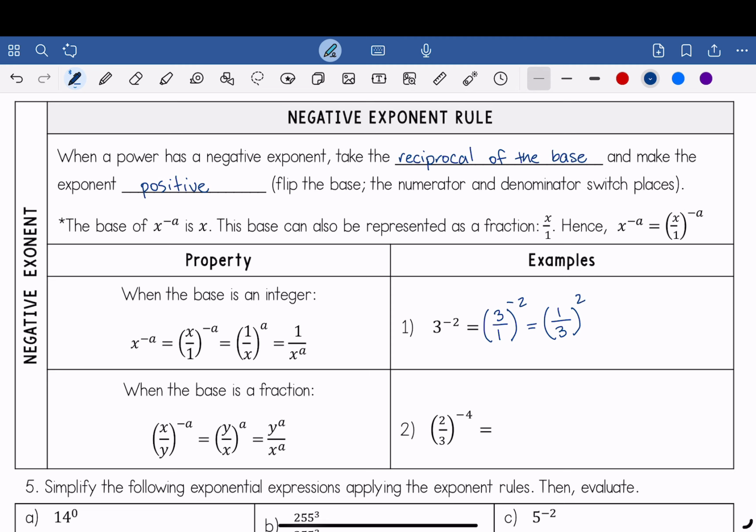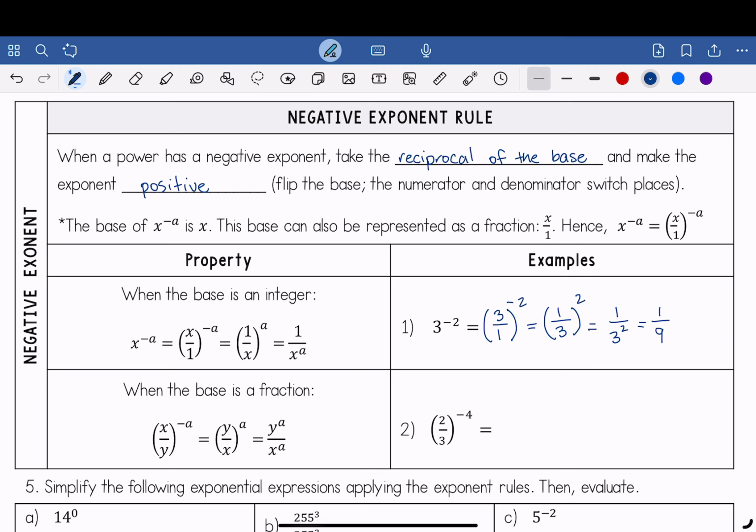Now I will apply the power of a quotient rule, where I have to distribute the 2. So it is 1 to the power of 2, which is 1, over 3 to the power of 2, which is equal to 1 over 9, if you are asked to evaluate it as well.